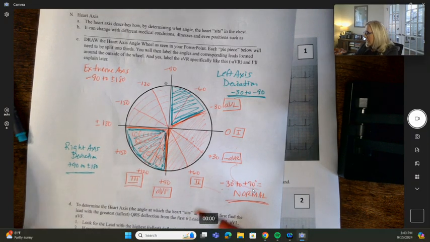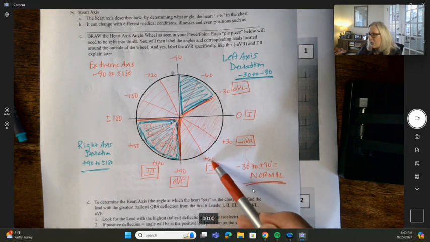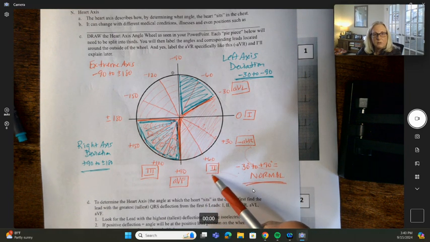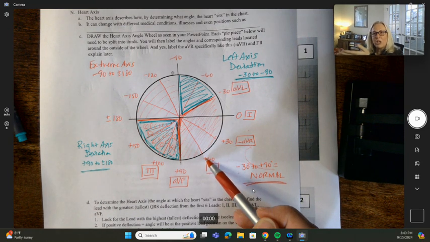So we determined that lead 2 was the tallest QRS, and on the wheel it equals 60 degrees. 2 is 60 degrees, okay? So we need to double check our work. We're going to make sure that the opposite of this is the smallest QRS of those 6.